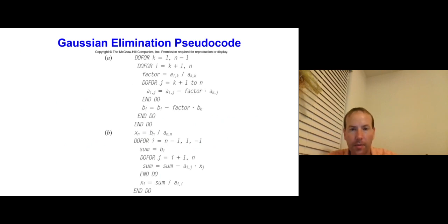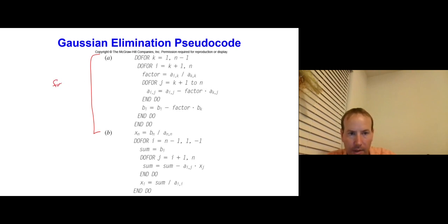One thing that might help when you're implementing your own code for Gaussian elimination is to look at some pseudocode that gives you the rough idea of what steps are involved. This pseudocode is not written in any particular language, but it gives you the rough idea of the steps and sequences that you might use.